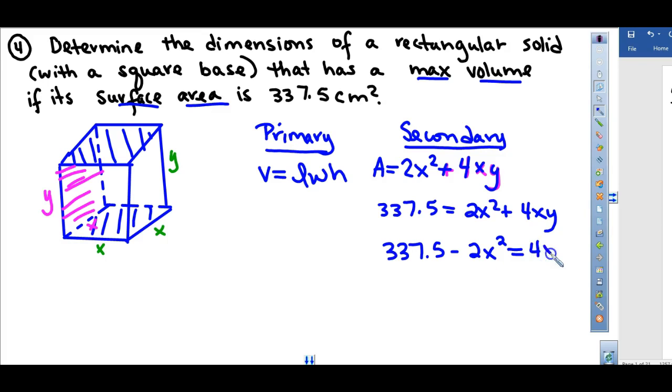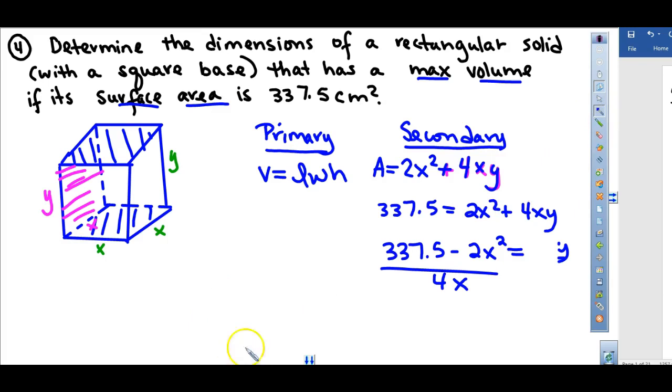That equals 4xy, and divide by 4x. And so this is what we get for y.